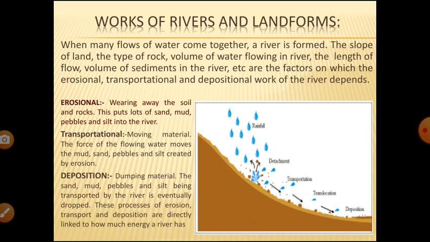And the last, deposition: dumping material. The sand, mud, pebbles, and slate being transported by the river is eventually dropped. These processes of erosion, transport, and deposition are directly linked to how much energy a river has.